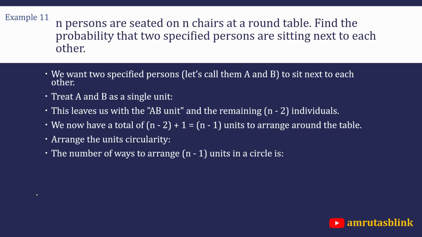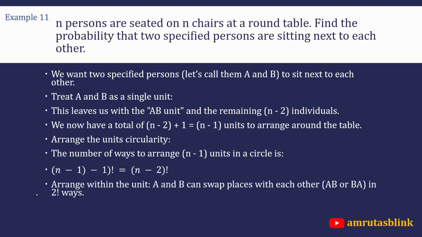So number of ways to arrange n minus 1 units in a circular arrangement is n minus 1 minus 1 factorial. So if these n minus 1 units are to be arranged in linear way, then it is directly n minus 1 factorial. But we have to arrange them in a circular way, that's why we need to subtract this 1. So n minus 1 minus 1 factorial, that is n minus 2 factorial is the required arrangement.